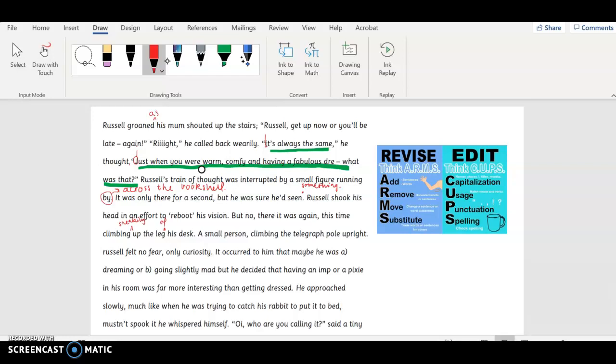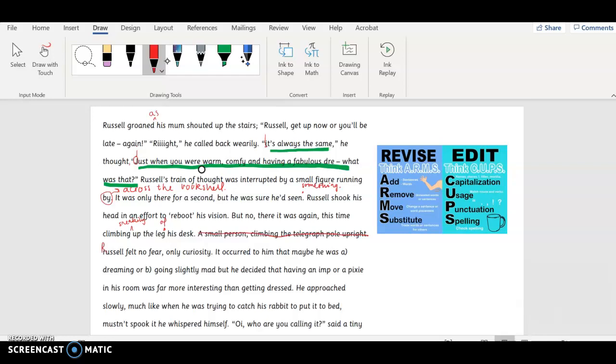A small person climbing the telegraph pole upright. Doesn't make sense, does it? I might remove that part. That doesn't really make sense, does it?